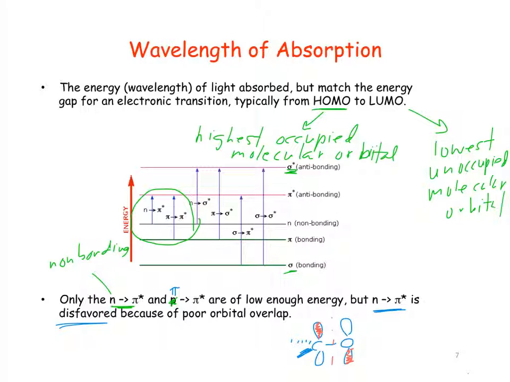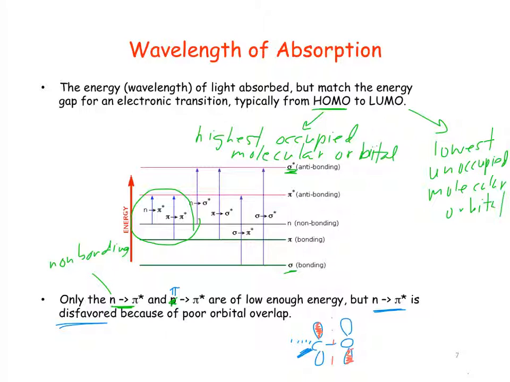So there's an sp2 orbital that's being used for the carbon-oxygen bond, and then there are two sp2 orbitals on this oxygen that are holding the two lone pairs, or non-bonding electrons. So how would they be oriented relative to this pi star? They would be perpendicular, exactly right.